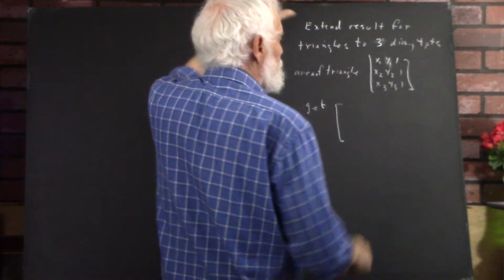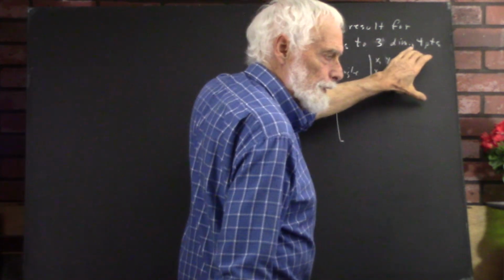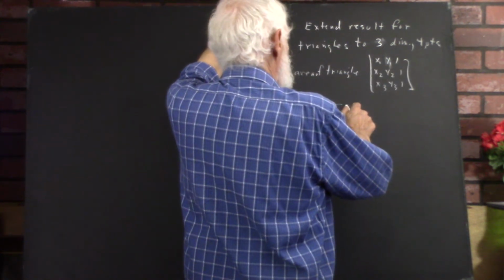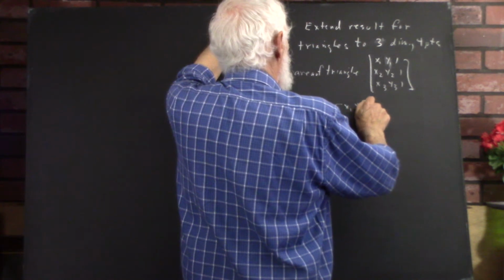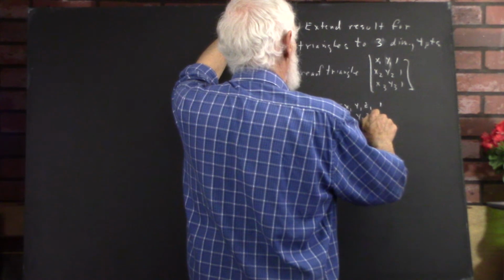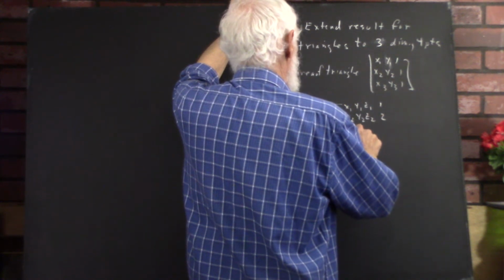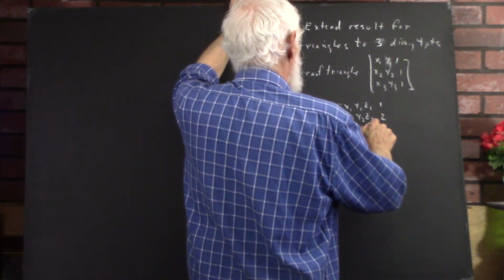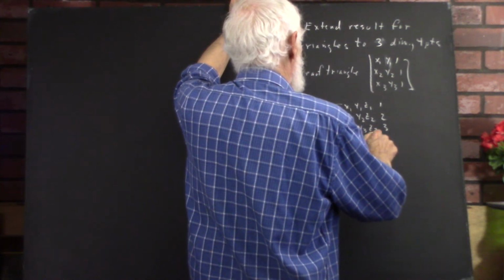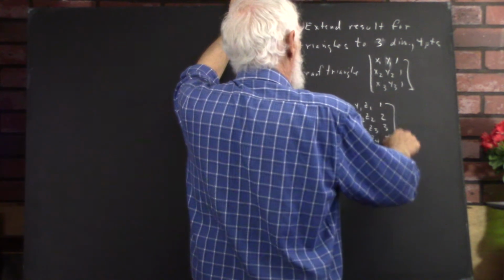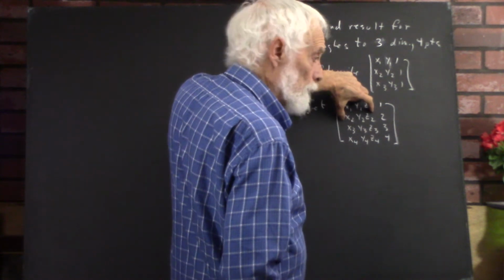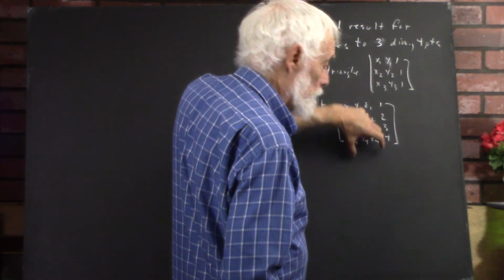Well, if we extend this matrix by adding a z column and a fourth row, what's the obvious thing? We have x1, y1, z1, 1, x2, y2, z2, 1, x3, y3, z3, 1, x4, y4, z4, 1, where x1, y1, z1 is the coordinates of our first point, x2, y2, z2 the coordinates of our second point, and so forth.